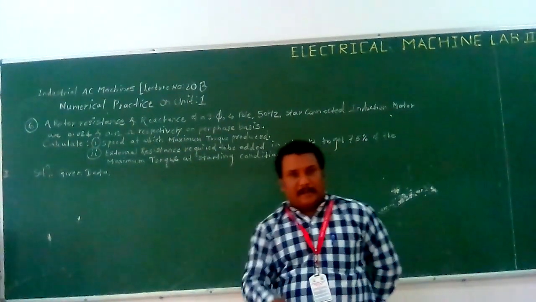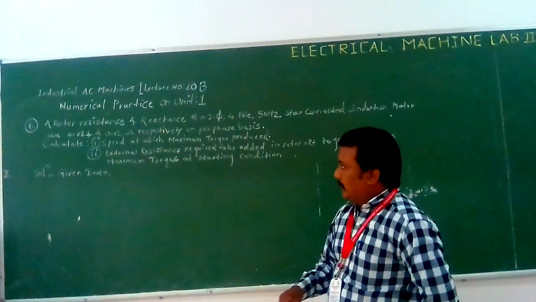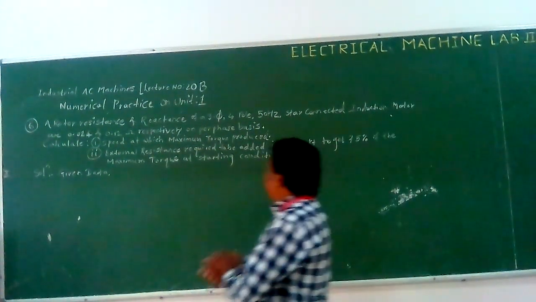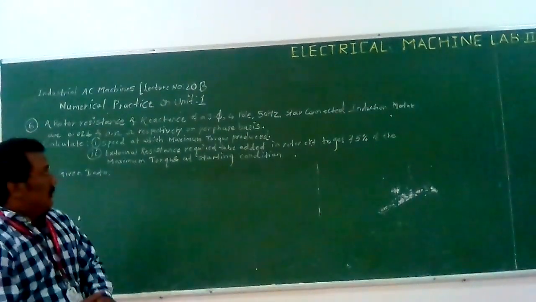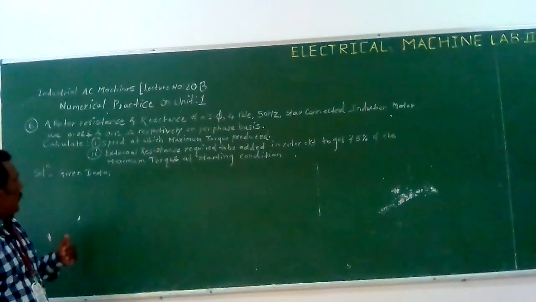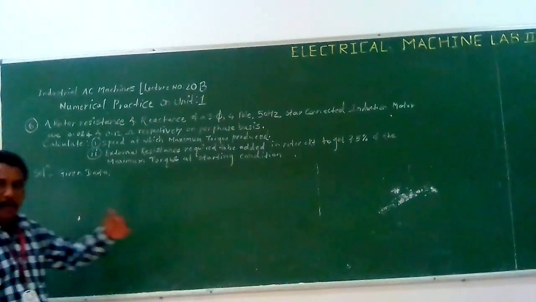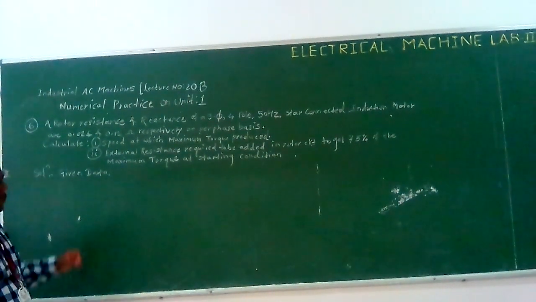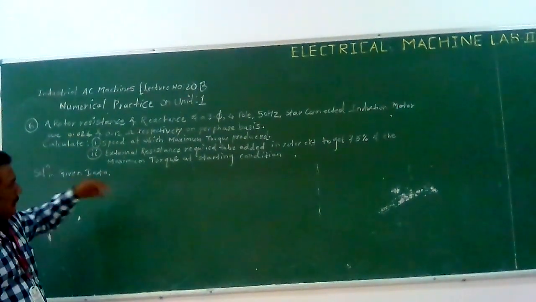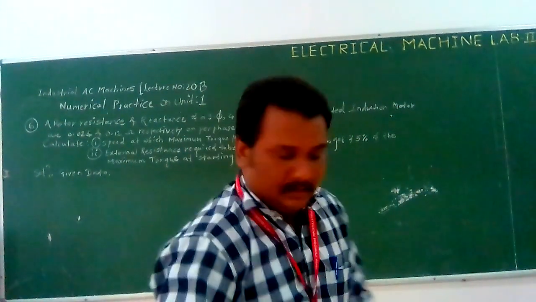It is a best practice to follow in numericals. Here the rotor resistance and reactance of a 3-phase 4-pole 50 Hz star connected induction motor are 0.024 and 0.12 ohm respectively on a per phase basis. This sentence is long, but we analyze it carefully and note down the values given.